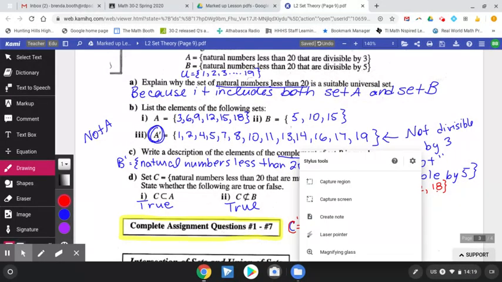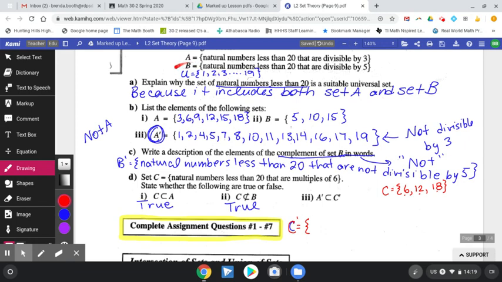So I'm looking back at the universal set right up here, picking out all the numbers that are not in C. So that would include 1, 2, 3, 4, 5, 7, 8, 9, 10, 11, 13, 14, 15, 16, 17, 19.